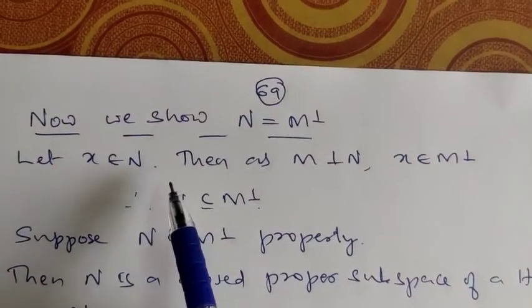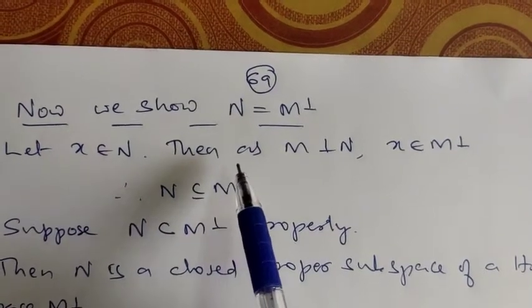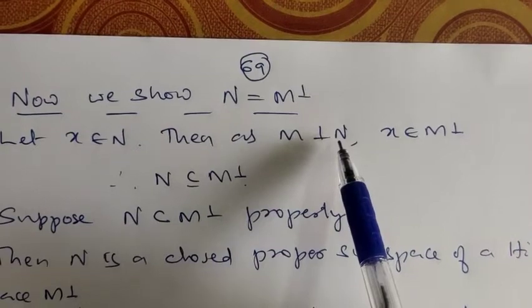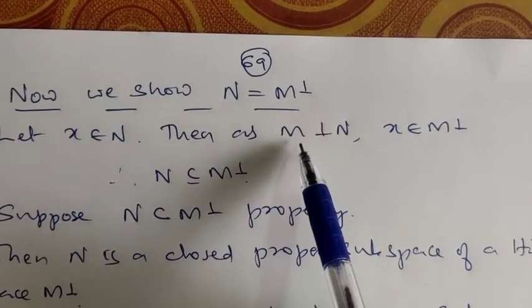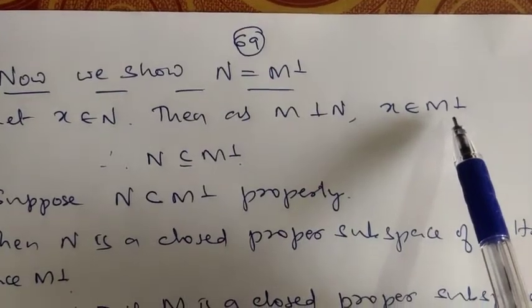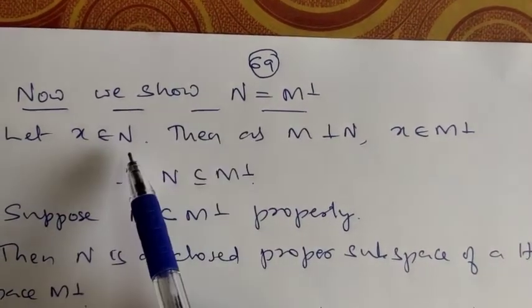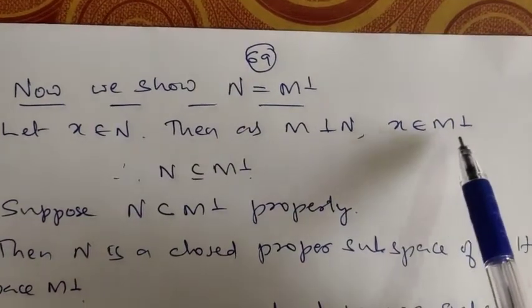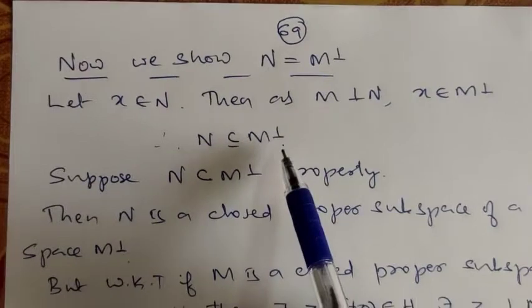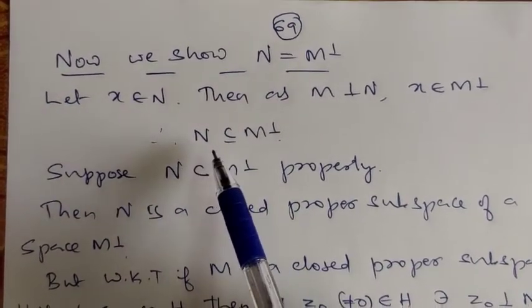So for this, let x belong to N. Then as M is orthogonal to N, x is orthogonal to M. X is orthogonal to M means what? X belongs to M perp, the orthogonal complement of M. Therefore, x belongs to N implies x belongs to M perp, implies N is contained in M perp.